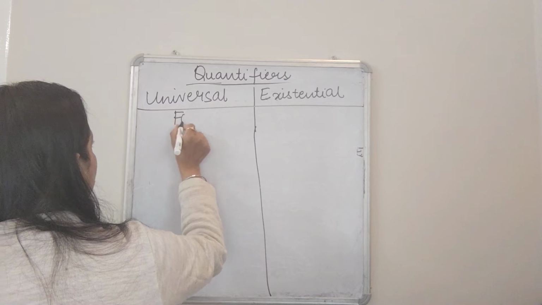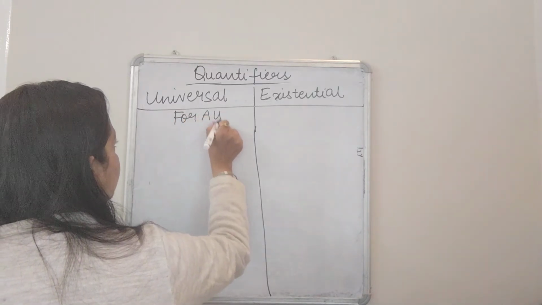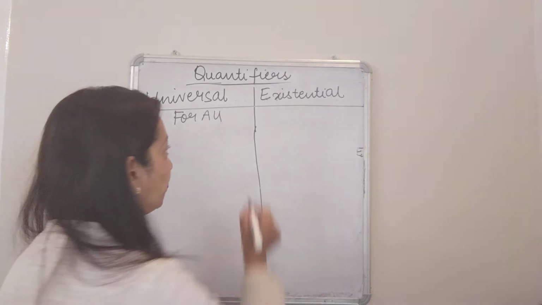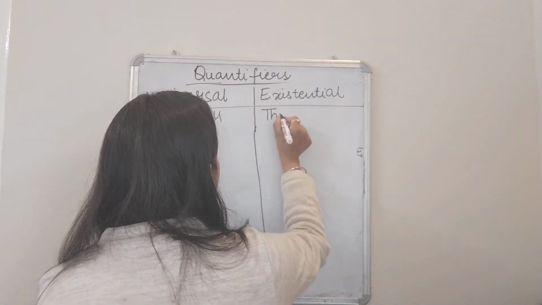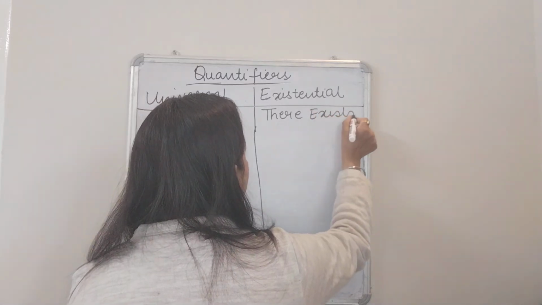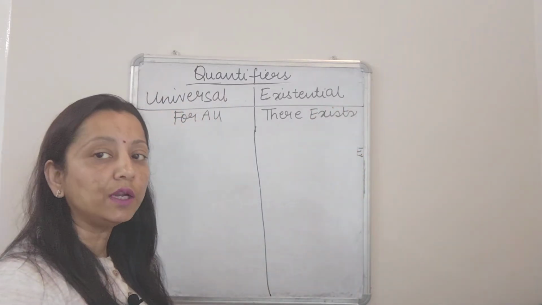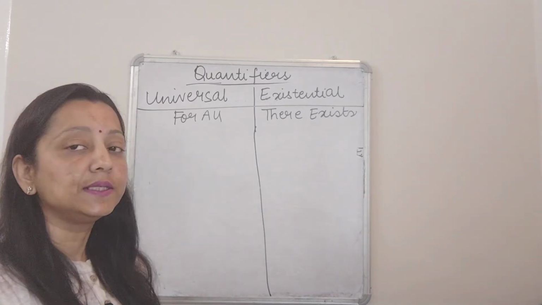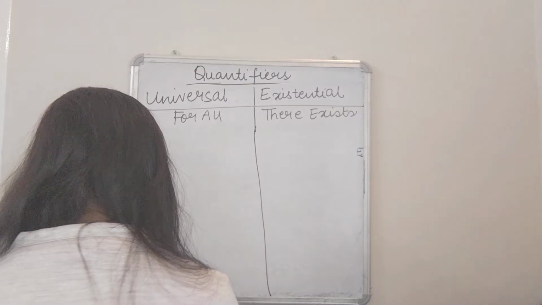First of all, universal quantifier means for all. That means for all values of x, proposition p of x must have a truth value true. And existential quantifier says there exists. That means even if for some or just one value of x, the value of p of x is true, then I say it is a proposition.